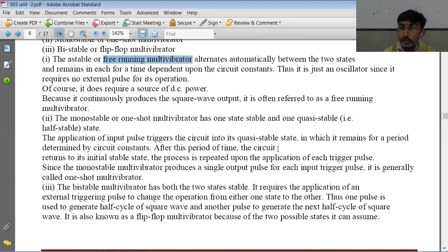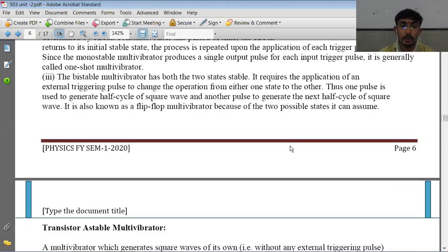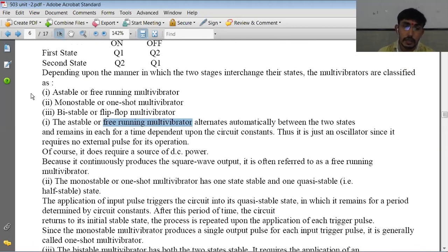It means that one pulse will generate the half cycle, and the other pulse will generate the next half cycle. That's why it is called a flip-flop multivibrator, because of the two possible states it can assume. So, depending on its states, there are three types of multivibrators.